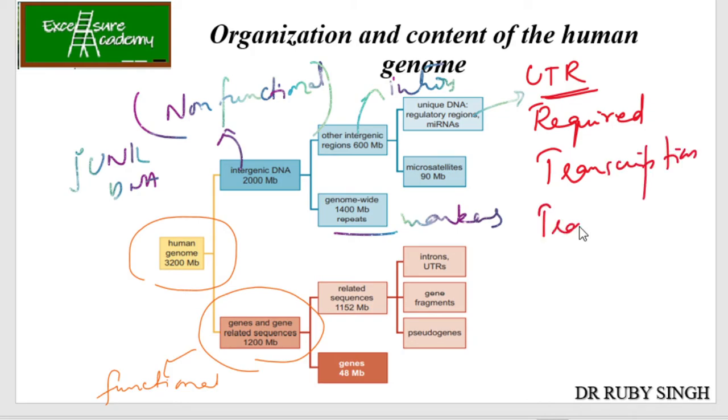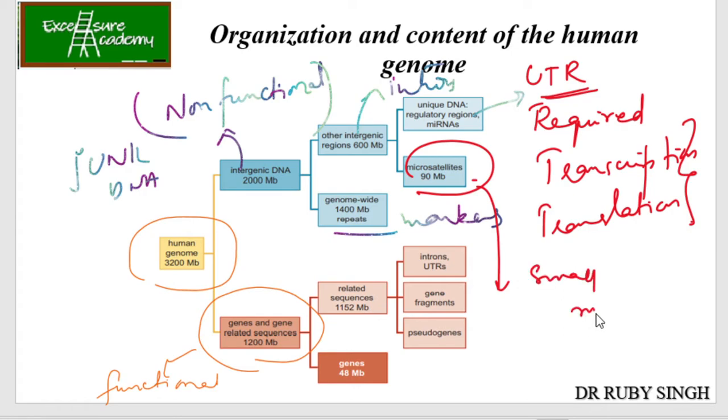Okay? So even though we say they are of no use, they are required for the regulation of these two processes. Okay. Then you have got the microsatellites again acting as small markers. So all these satellites, these markers, play a very important role from the forensic science point of view.